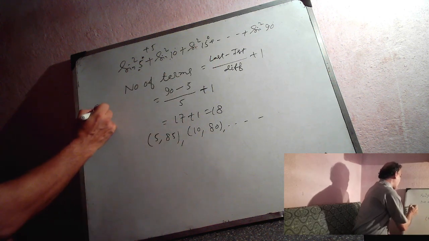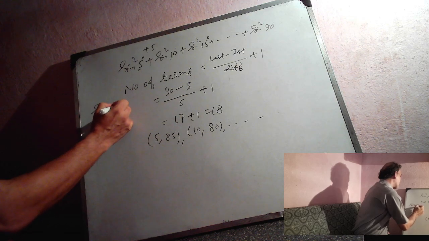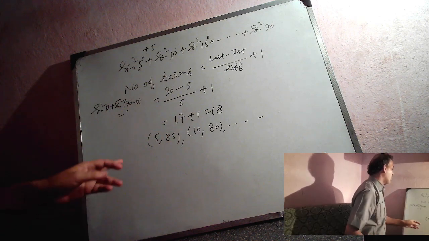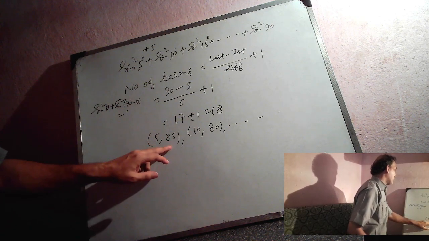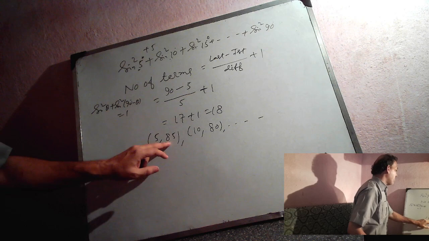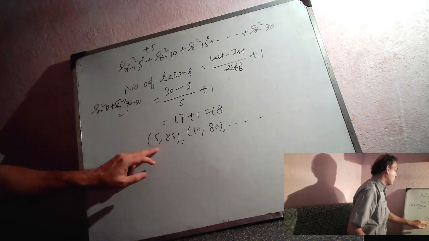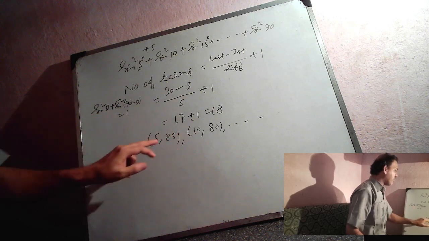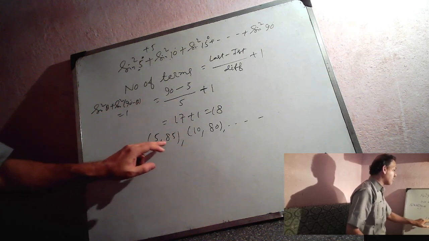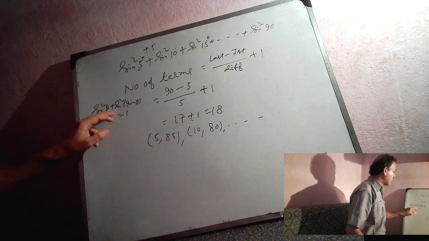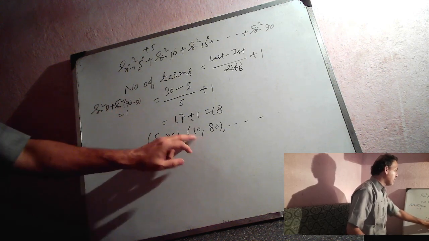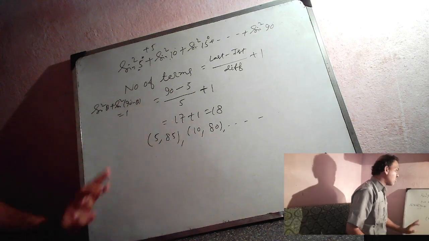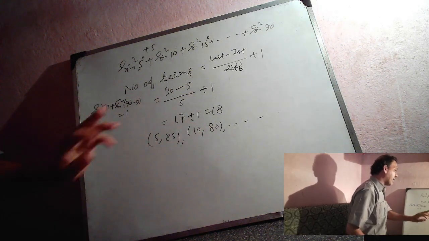We have the formula sin square theta plus sin square 90 minus theta equals 1. That is why we have to make a pair with 5 and 85. So the value of each bracket will be 1. According to this rule, sin square 5 plus sin square 85 will be 1. Similarly, if theta equals 10, then sin square 10 plus sin square 80 is also 1. So the value of each bracket will be 1.